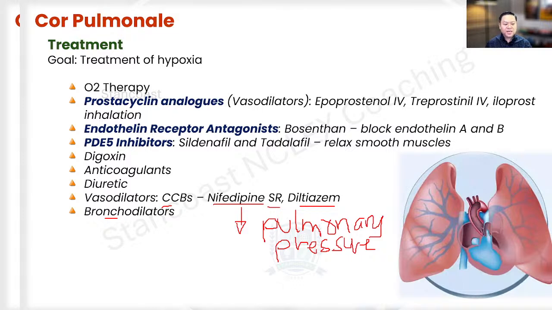Okay, now let's move on to the next classification here. So what do we have? Okay, we also have mechanical ventilation here, which is really going to help us in treating hypoxemia, especially if the patient is not able to maintain the level of oxygenation.